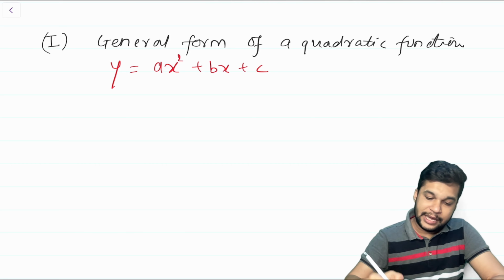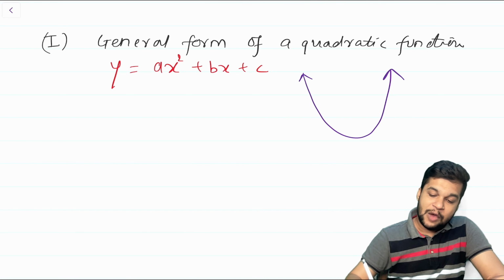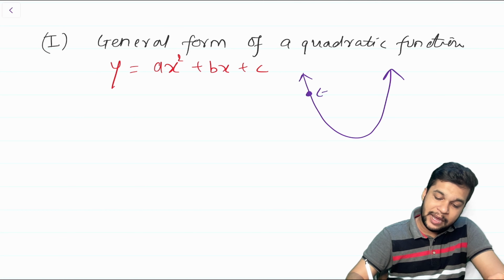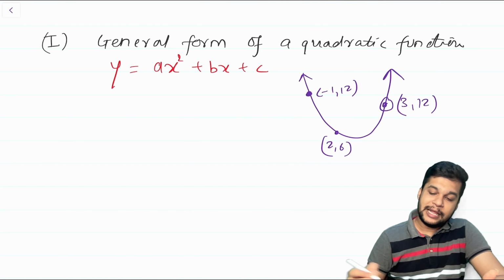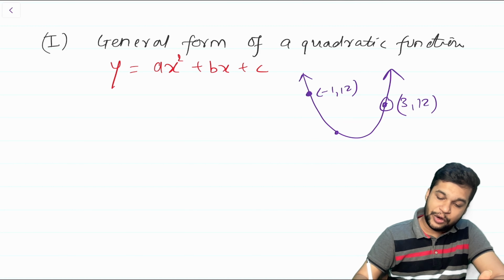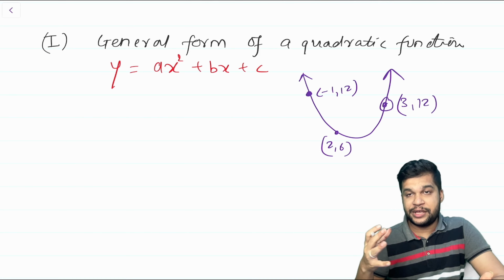So what I mean to say is, let's say you have a parabola which passes through the points (-1, 12), (2, 6), and let's say the third point is (3, 12).